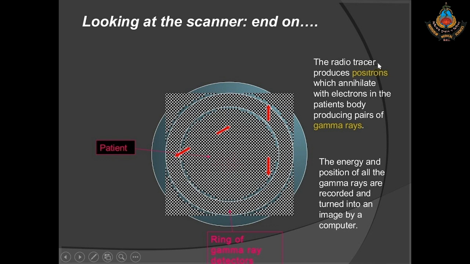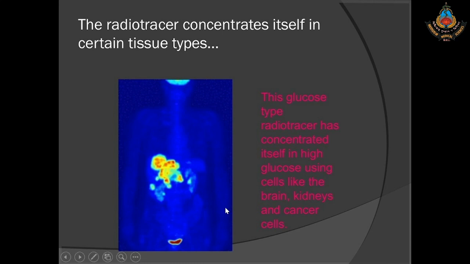So the radiotracer produces positrons, which annihilate with the electrons in our body and produce a pair of gamma rays. The energy and the position of all the gamma rays are recorded and turned into an image by the computer used in a PET scan.